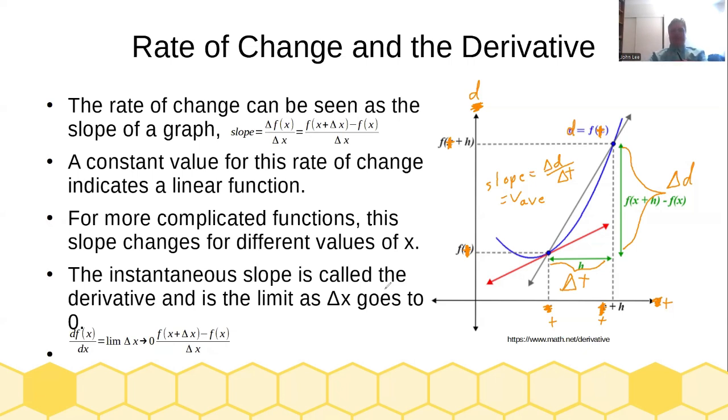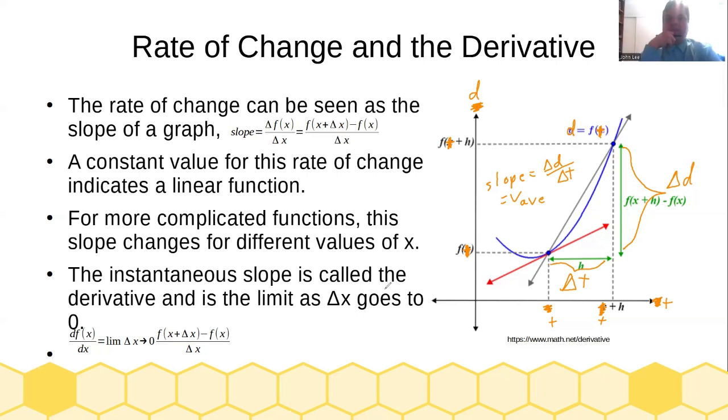Well, the way that we do that is by taking the definition that we found in the previous slide, where v instantaneous was the change in distance over the change in time as time goes smaller and smaller and smaller and approaches zero, which means that it becomes infinitesimally small, to use the jargon that mathematicians are fond of.